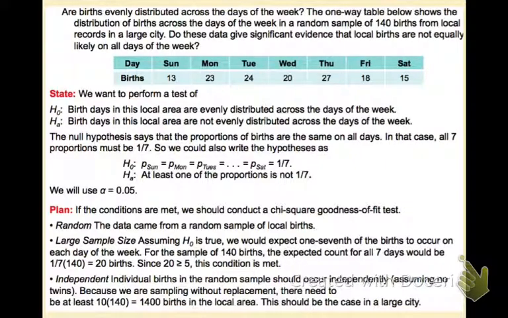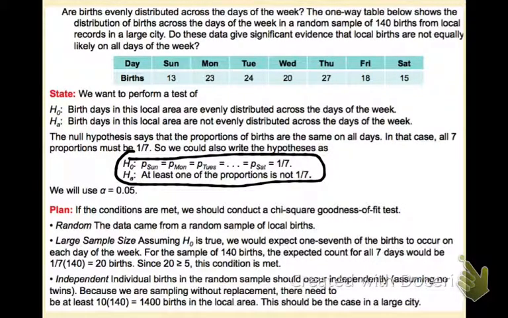State: you're going to have your null hypothesis and alternate hypothesis. In this case, it's just written down. And of course, you also have the option of using mathematical terms. It seems shorter, but please remember, in the actual test, which is not presented in this example, you have to state what P stands for.